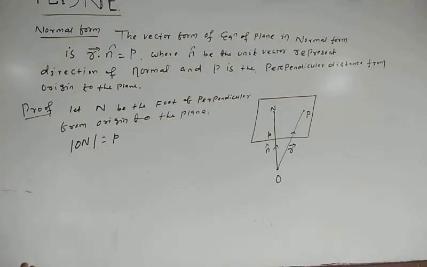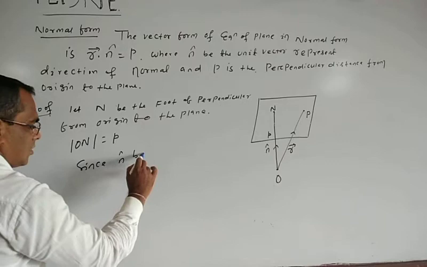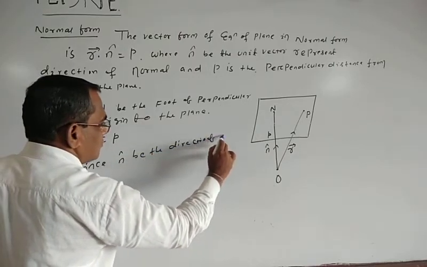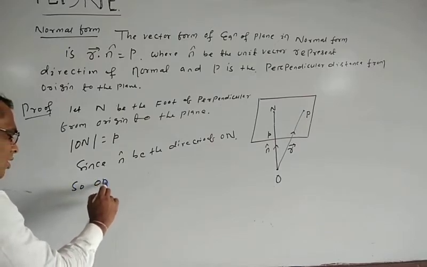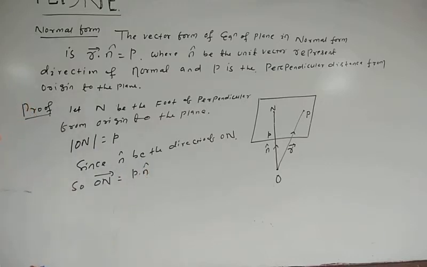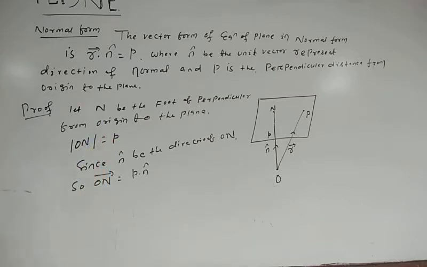Since n cap is the direction of ON, the ON vector is equal to p into n cap, because p is the perpendicular distance and n cap is the unit vector.